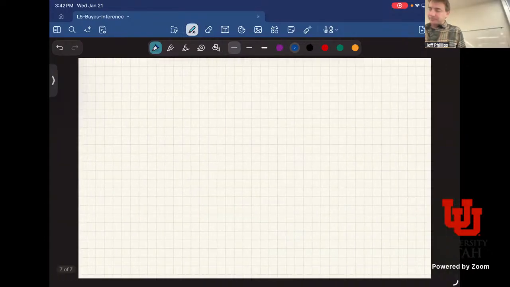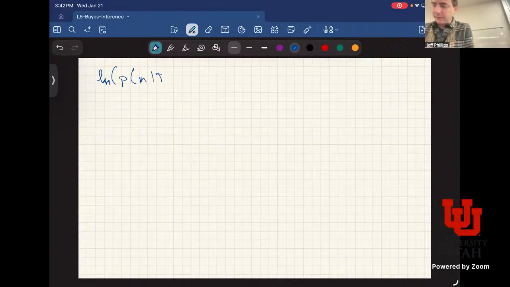Okay. All right. So let's actually directly write out the natural log, this is an ln, that's a log base e, of the posterior of the model given the data.